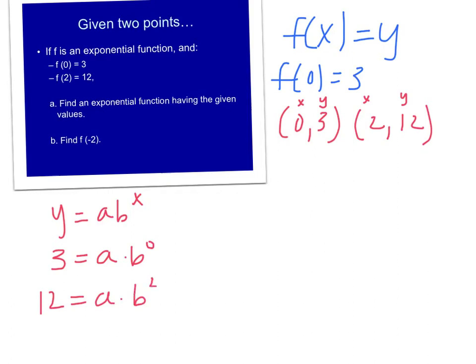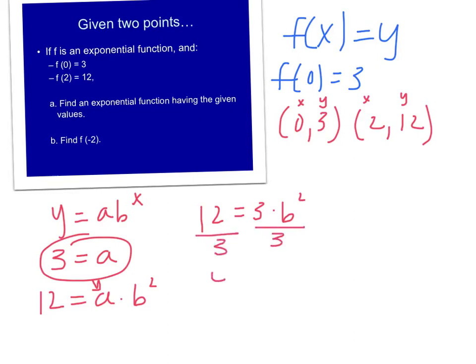Now in this top example, we know that b to the 0 equals 1, so that essentially disappears, and then we know that a can equal 3. That's helpful to plug into our second example, and then we'll be able to solve. So 12 now equals 3 times b to the second. This happened on the quiz. Some of you tried to take a square root too early. You want to divide by 3 here and say 4 equals b squared, and then our b value equals 2.